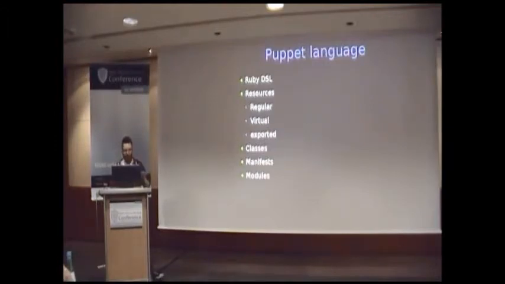And these manifests mostly end up in modules. And modules are just a logical collection of manifests regarding a certain application. So if you want to set up memcached, for example, then you would put all manifests regarding the installation and configuration of memcached into the memcached module. And these modules are really handy because they're pretty much plug and play.